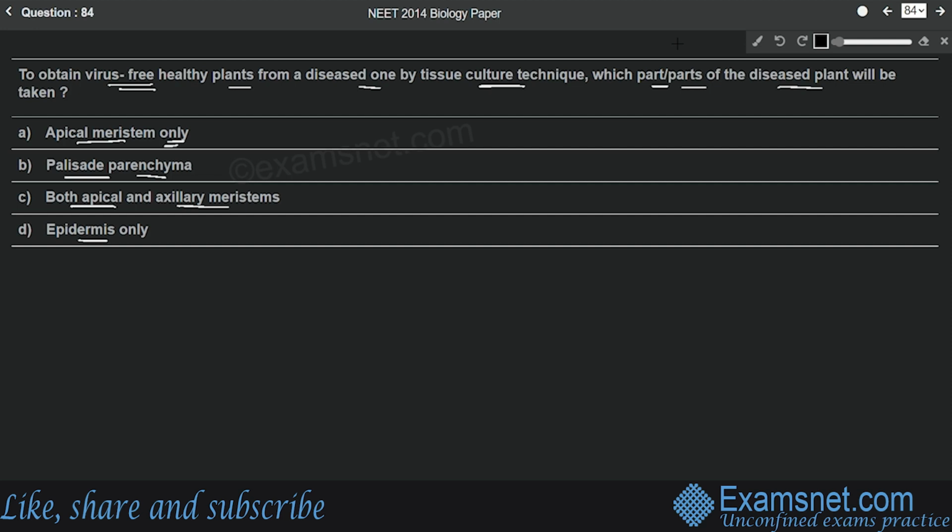Even if the plant gets some viral infection, still the meristematic region of the plant remains free. So in case of a viral infection, the meristem of the plant remains disease free.